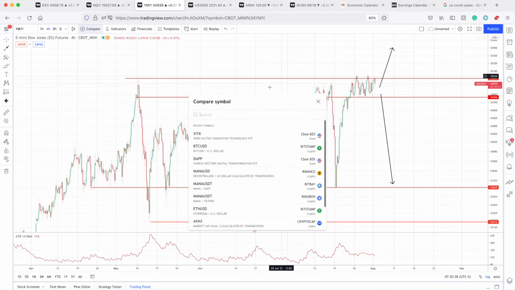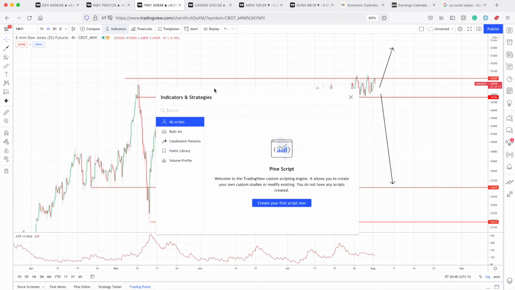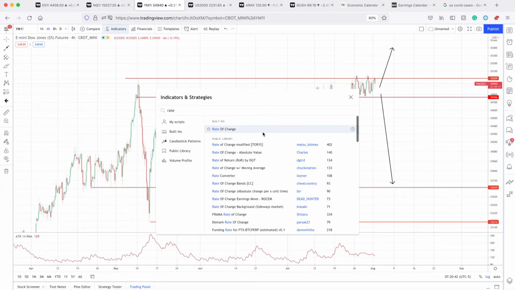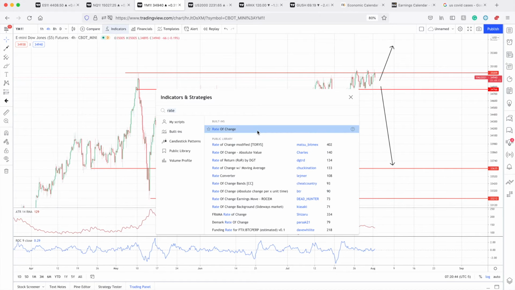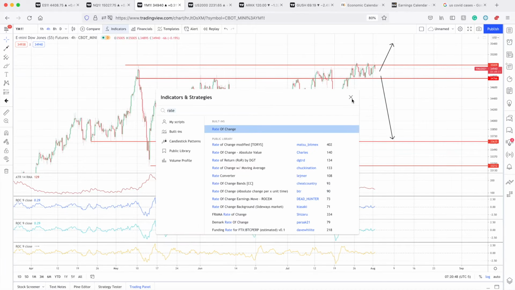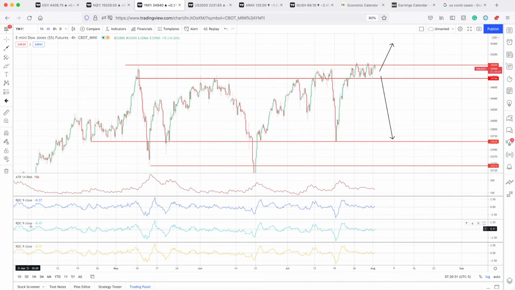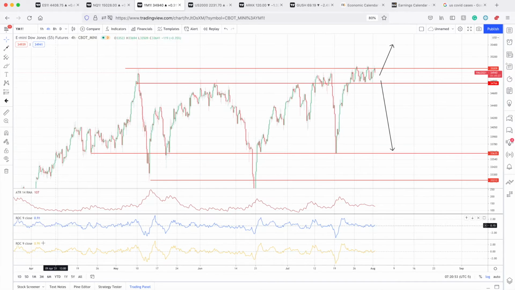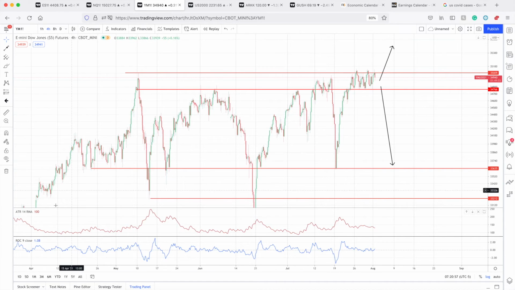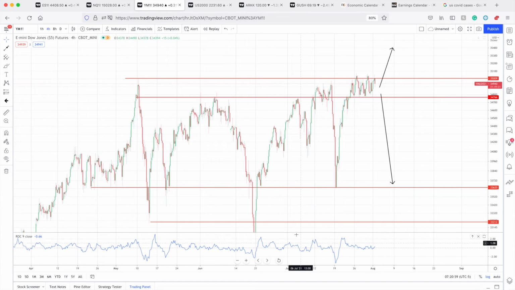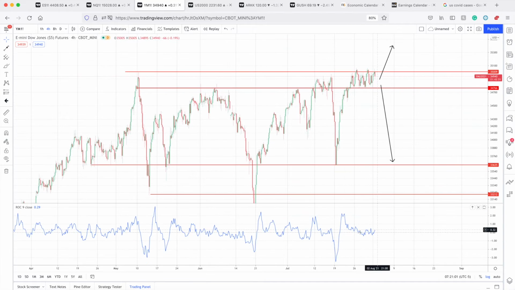But nevertheless, let's look at the rate of change, another way of looking at it. For those of you guys who don't understand rate of change, when it's in the middle, it means there's low volatility.